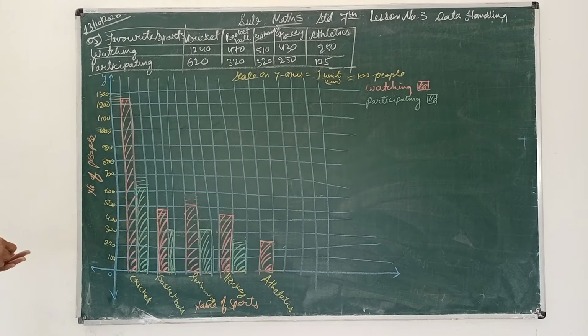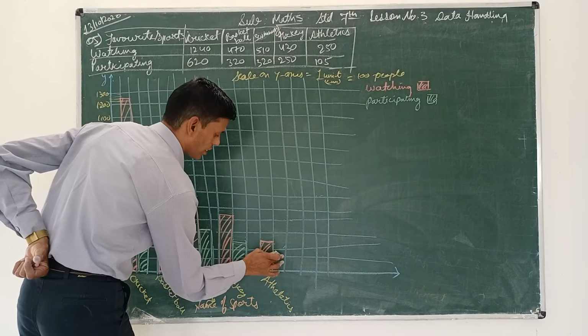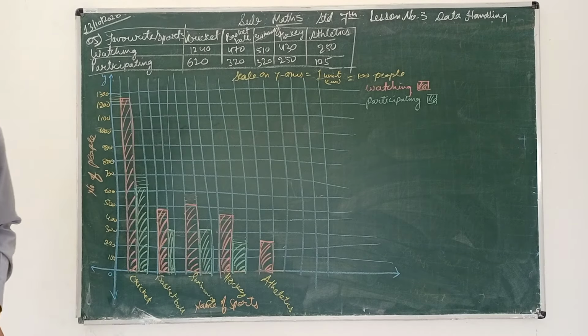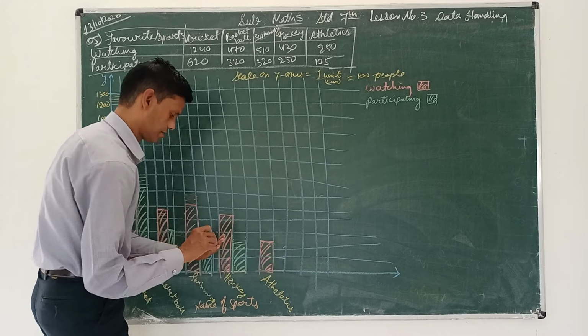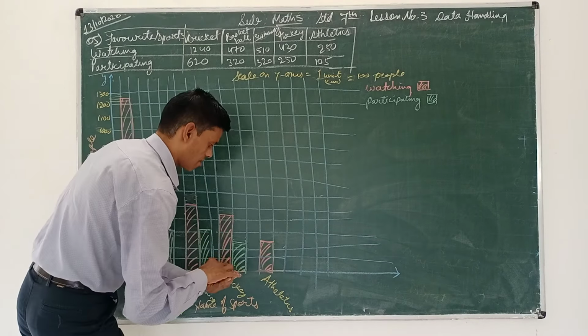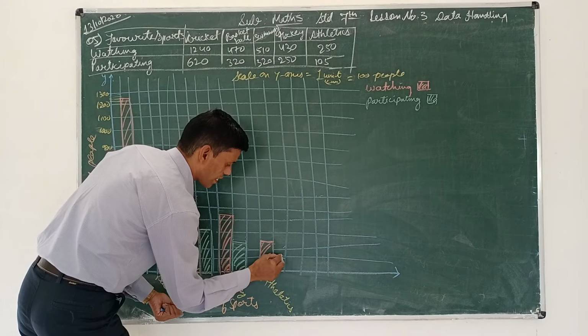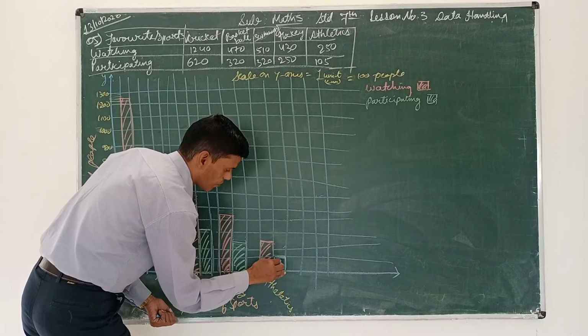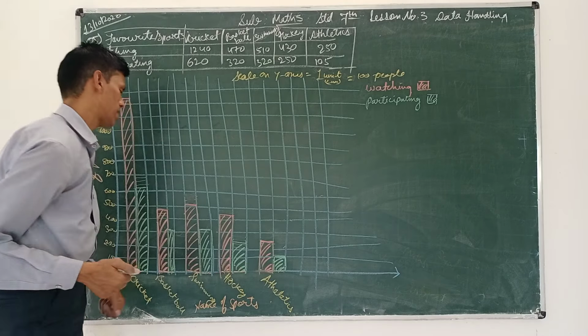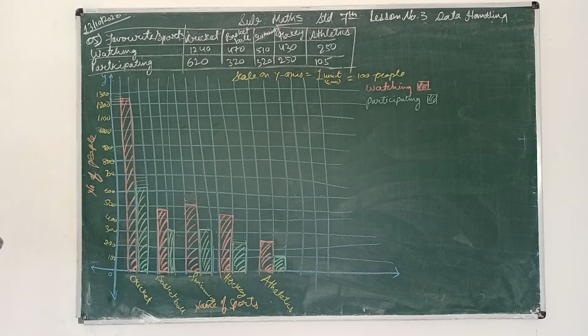Next one is 105. So this line is going like this. This is 100. Here 120 is there. We can mark it a little bit lower. This is 105.